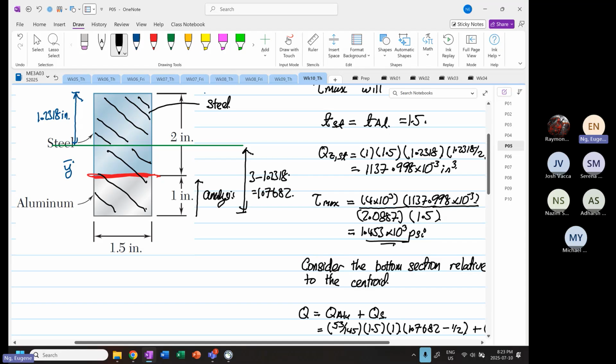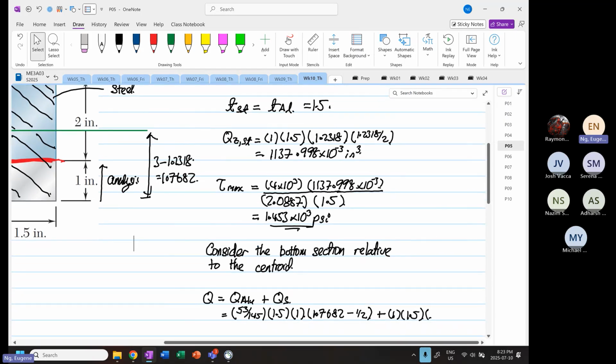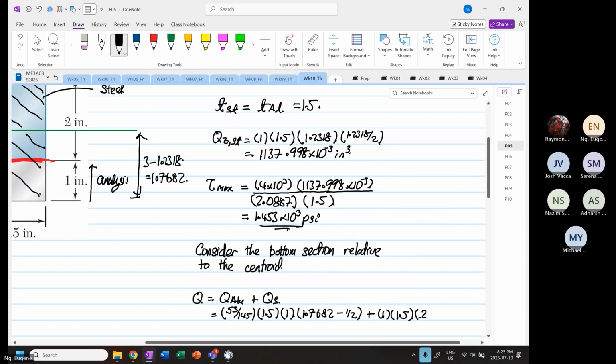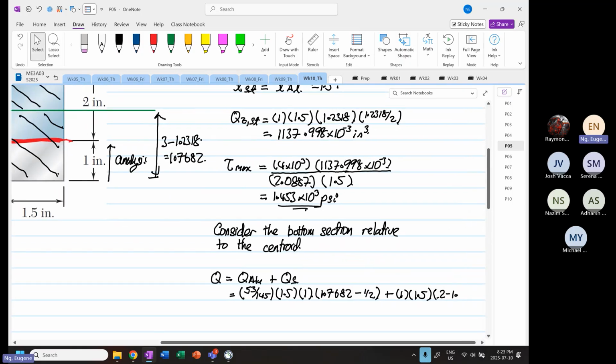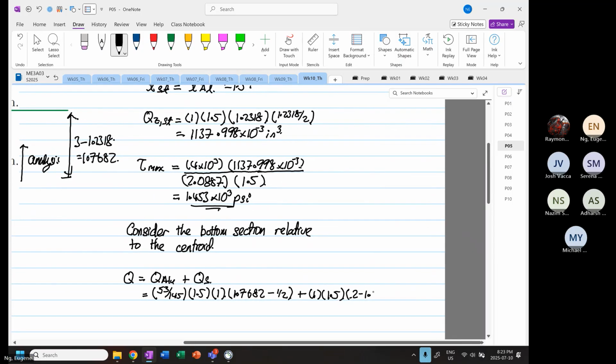So 1.782, 1 divided by 2. So now this is 2 minus 1.2318. So 2 minus 1.2318, multiplied by 2 minus 1.2318 and then divided by 2.